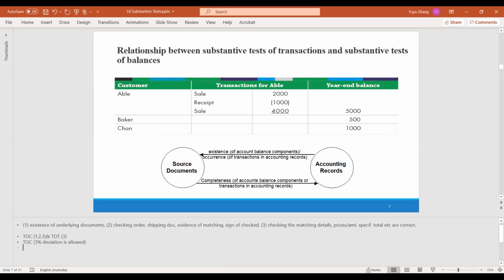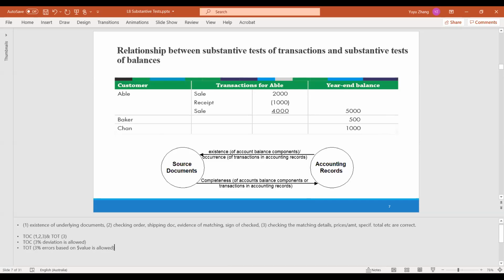And for the test of transaction, we still have the 3% criteria, but that is actually about 3% dollar value. 3% errors based on dollar value is allowed. So if we talk about test of transactions, we focus on the dollar value.